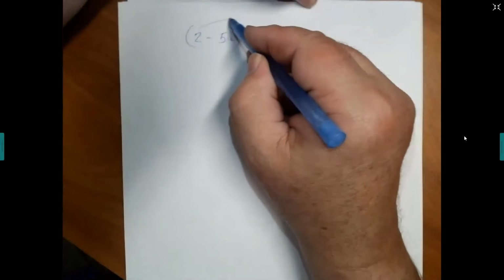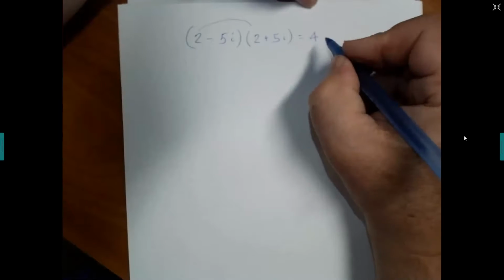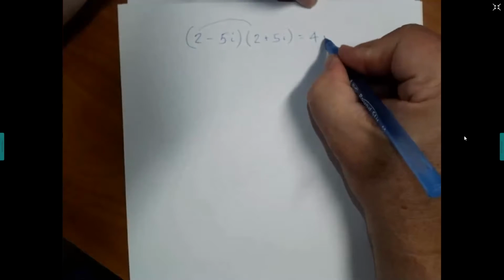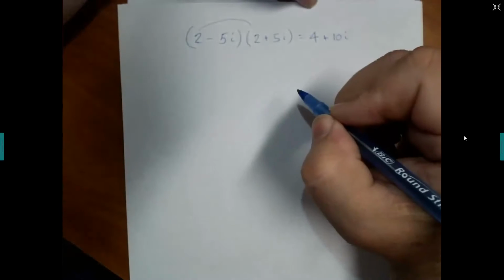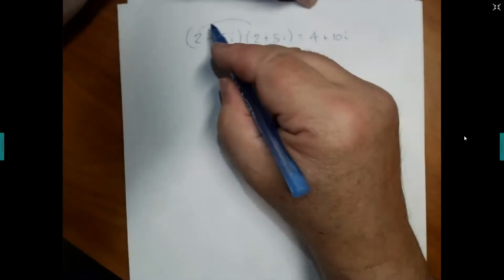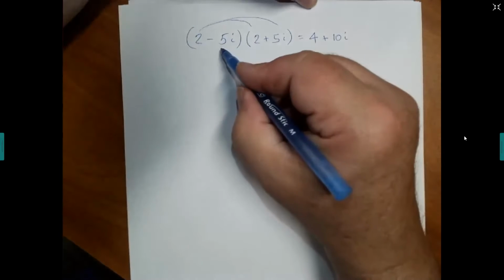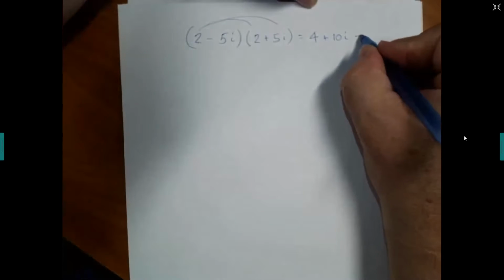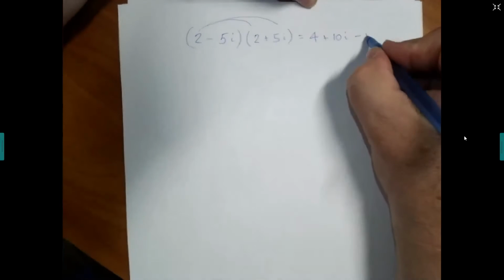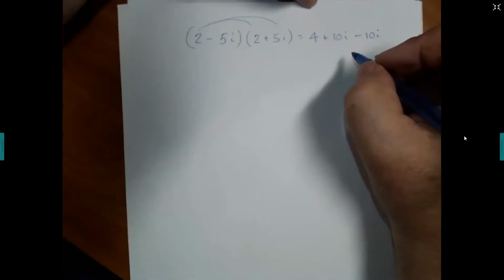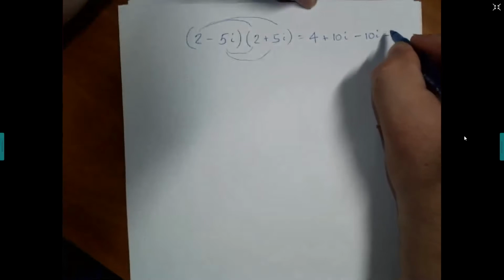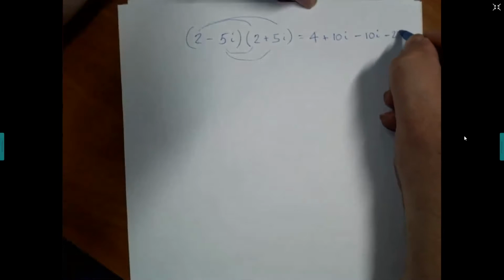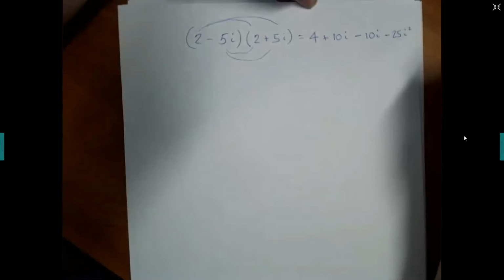I just multiply. 2 times 2 is 4. Positive times positive is a positive. 2 times 5 is 10i. Now, negative times positive is negative. 5 times 2 is 10i. Now the second one, negative times positive is negative. 5 times 5 is 25, I squared.